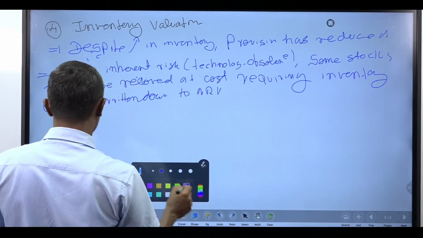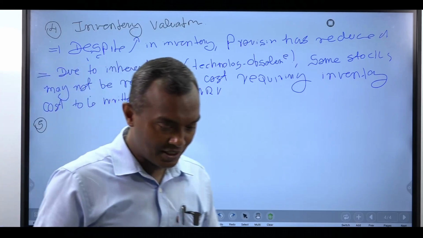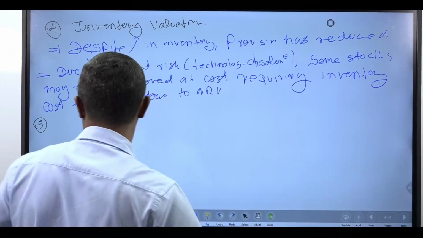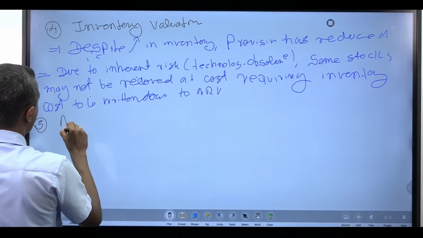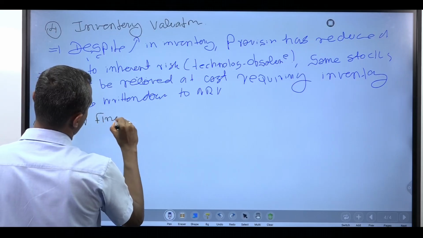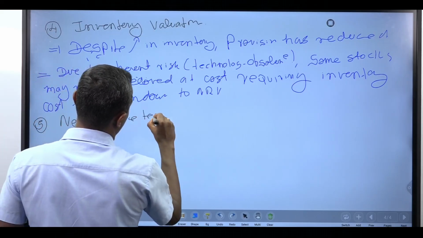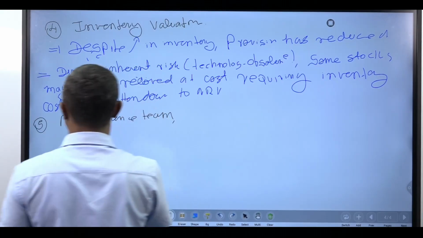So now we have to write only one point, but there are more points we can write, right? So what are the other points that are overall financial statement, the competency, the new finance team? Right? So what is our point here?